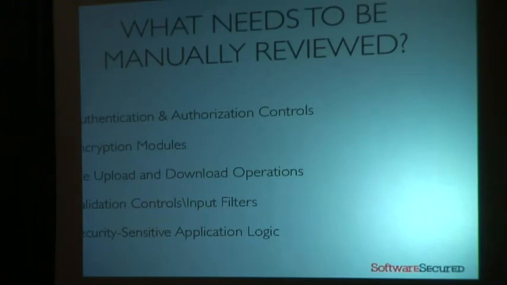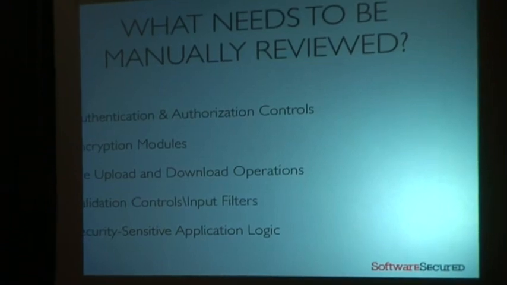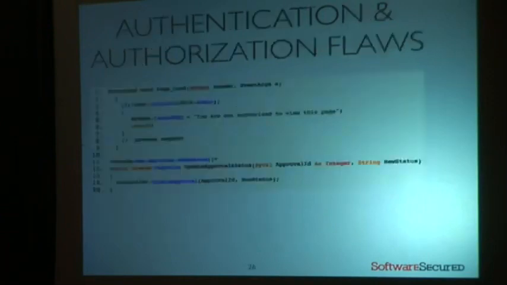We've seen a lot of examples where input validation is done mostly based on blacklisting, and there are always holes in it, so you have to look at it. Security sensitive application logic, whether it can be influenced to do something different, something malicious for the attacker.